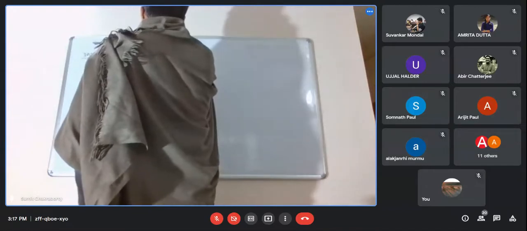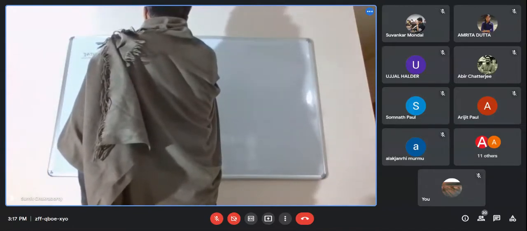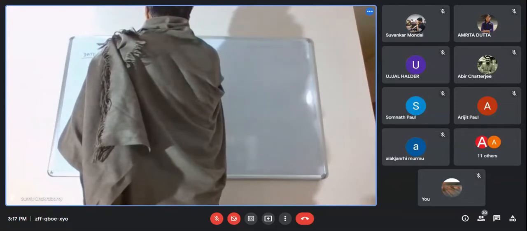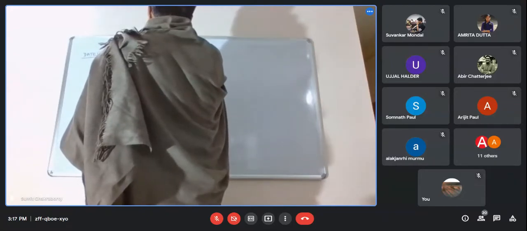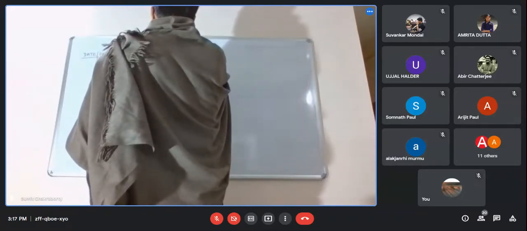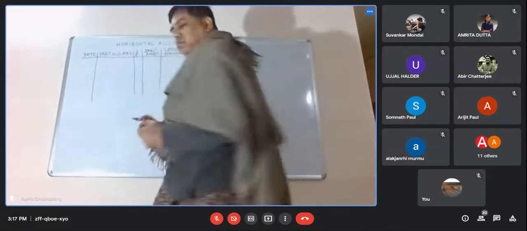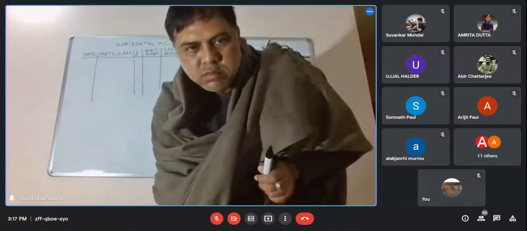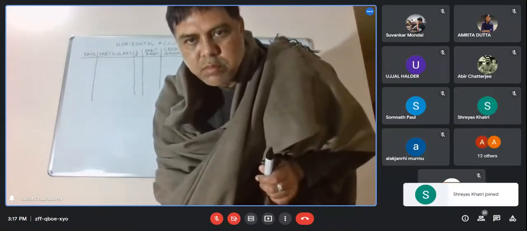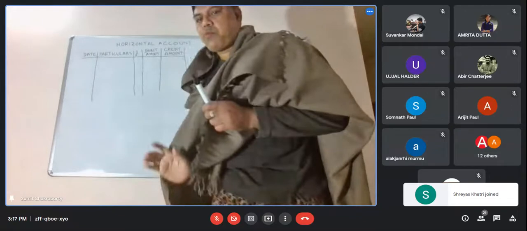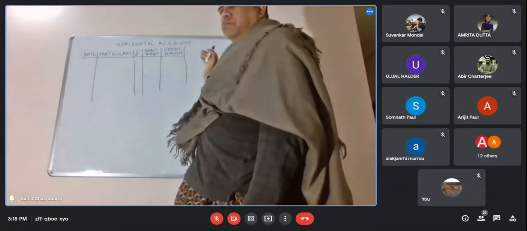Credit amount. Debit amount, credit amount.